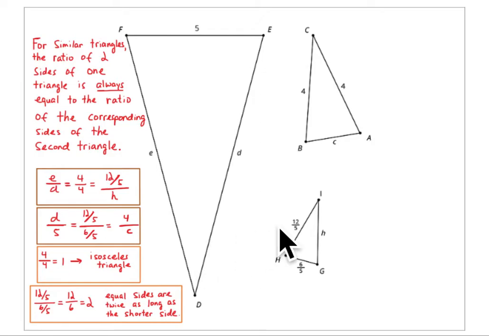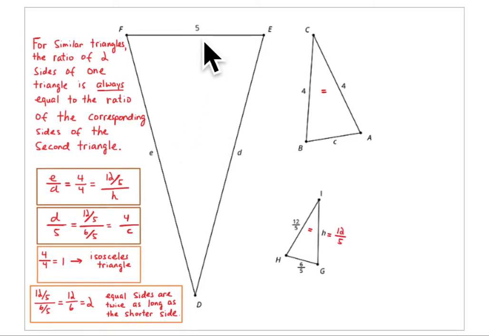So this longer side in the triangle is twice as long as the shorter side. Equal sides are twice as long as the shorter side. There you go. So the sides that are equal are twice as long as the shorter side. So H equals 12/5.